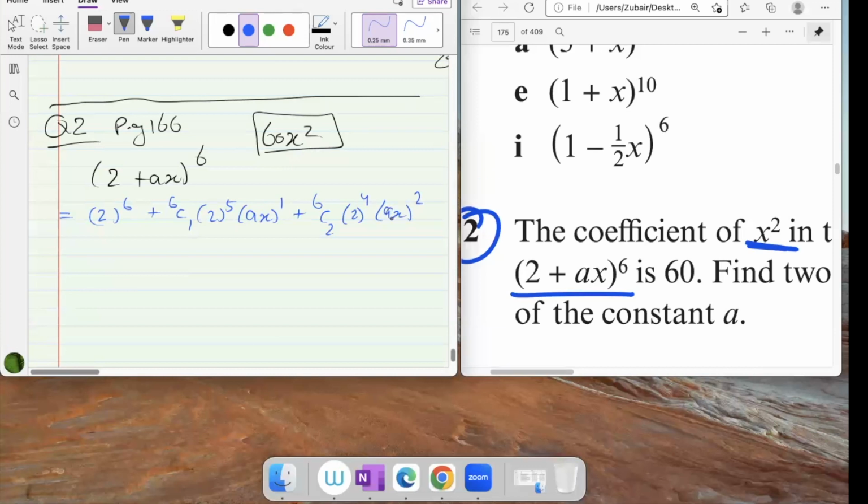We could have done it directly, but after writing this, we know that the first term is independent of x, the second is in x, and the third is in x square. So we need this term, and it said that the coefficient of x square is 60. Just let me get a hand on my calculator.